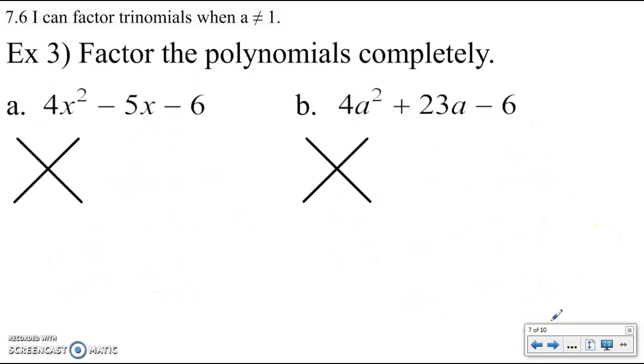Two more problems. Okay, 4x squared minus 5x minus 6. I'm going to multiply a times c, which is negative 24, and put b on the bottom. So negative 5.